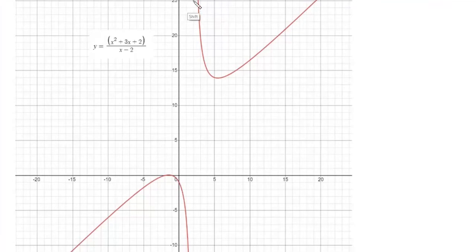And at x equals 2, we have this vertical asymptote. So for these two branches, on the left hand side this limit is minus infinity, and on the right hand side this limit is plus infinity.